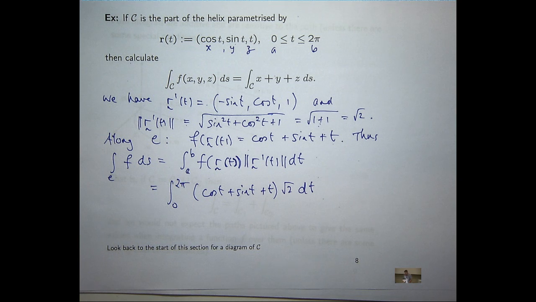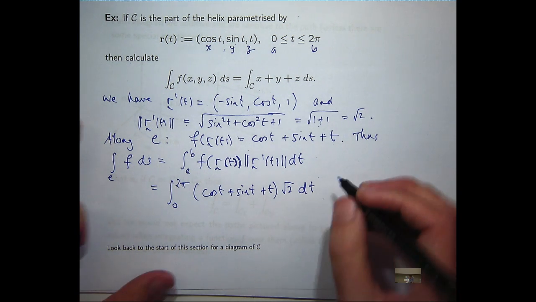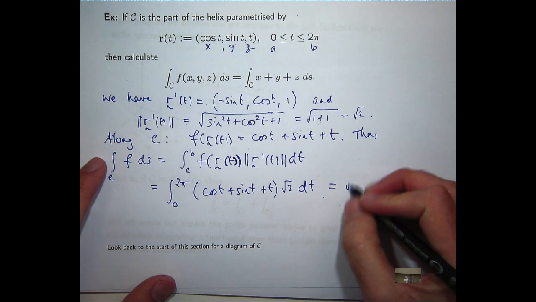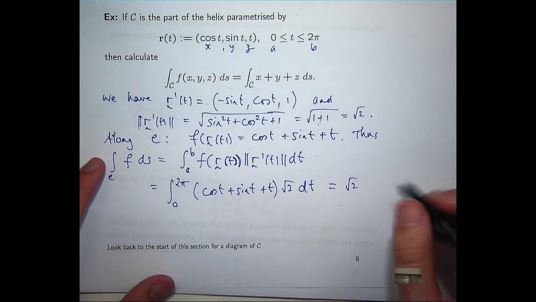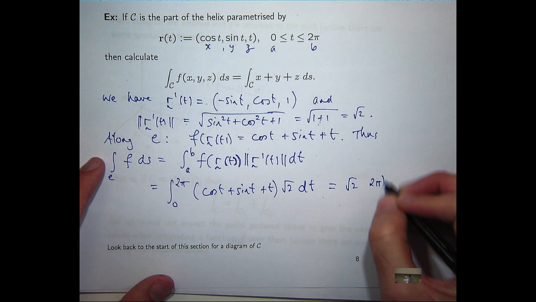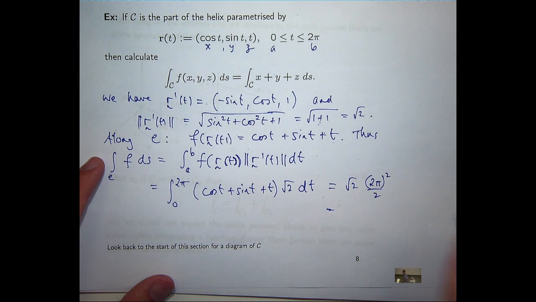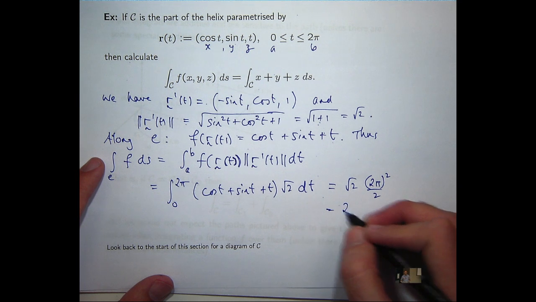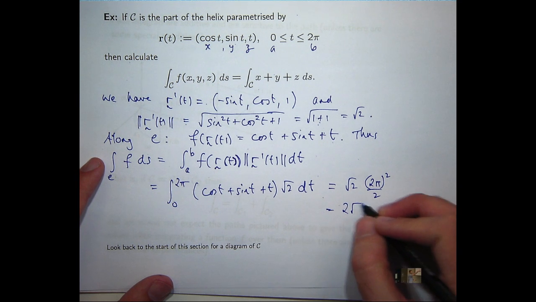So the integral of cosine from 0 to 2 pi is 0, integral of sine from 0 to 2 pi is 0. So essentially, you just have to integrate t. If I integrate t, I get a half t squared. If I cancel that off, you're going to get something like 2 root 2 pi squared.